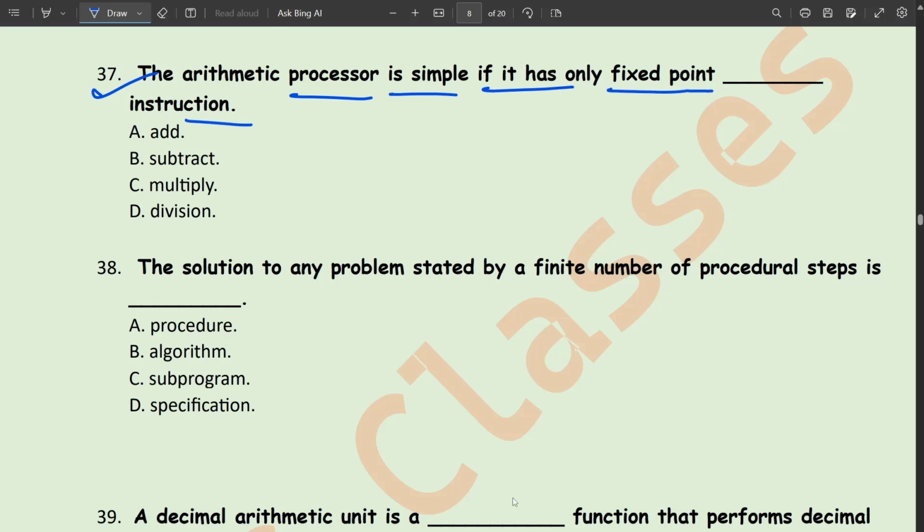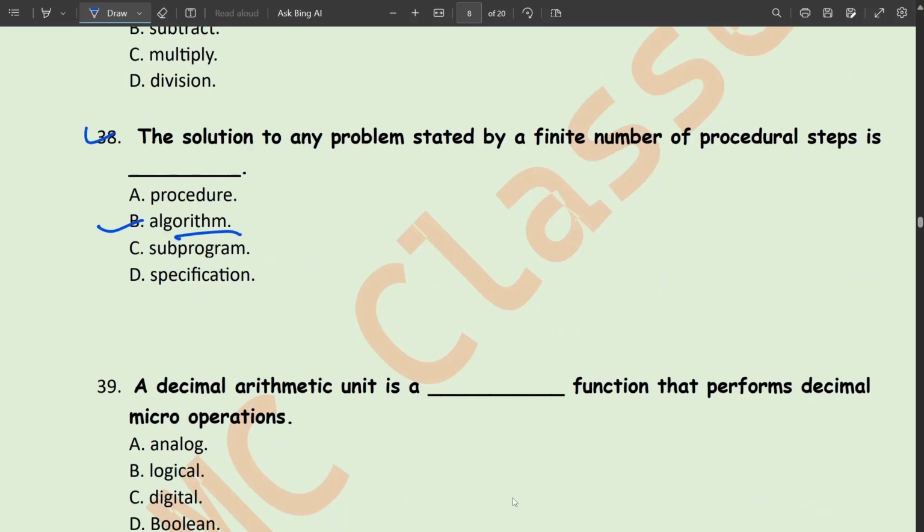The answer will be A, Add. Fixed point add instruction. Next, the solution to any problem stated by a finite number of procedural steps is called. The answer is option number B. Algorithm.